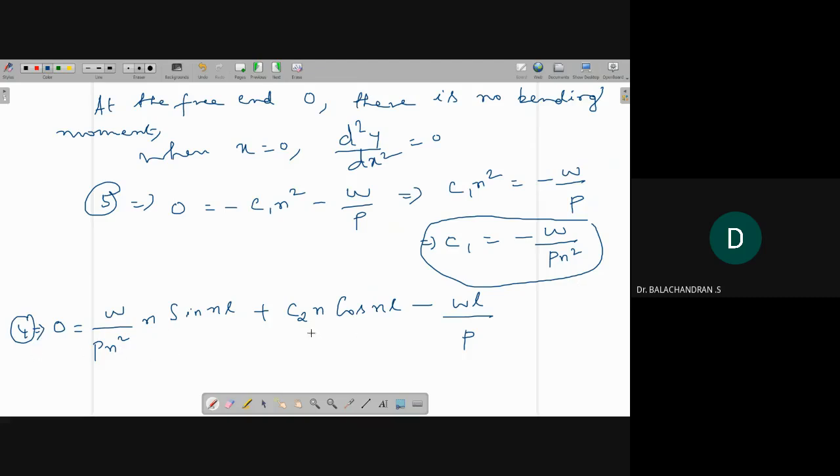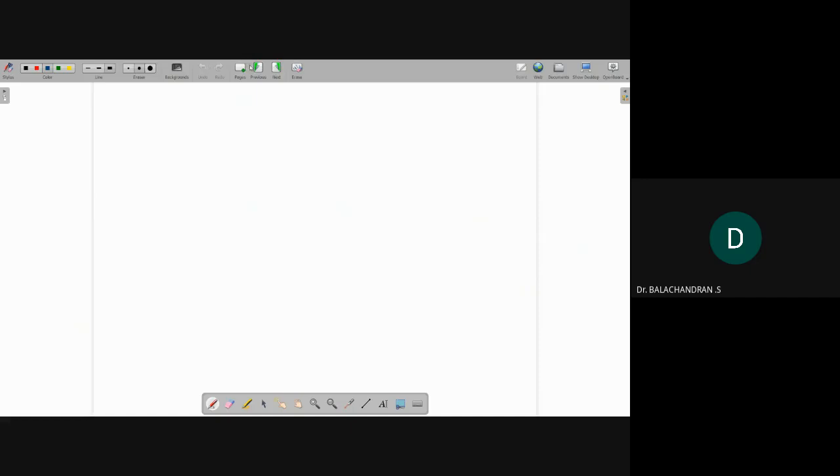Now from this write the terms which contain C2 on one side, the remaining terms on the other side. So C2 n cos nL equal to omega L by p minus omega by p n into sin nL.